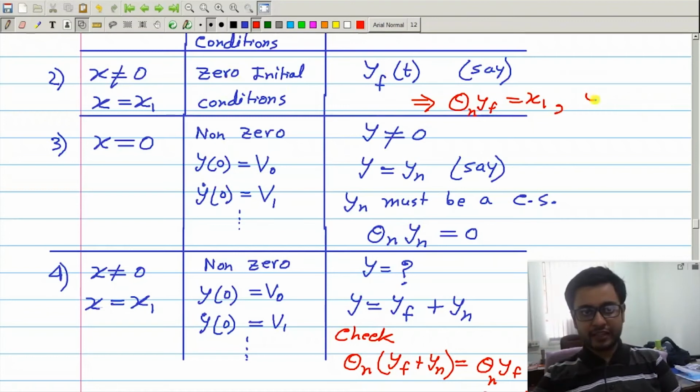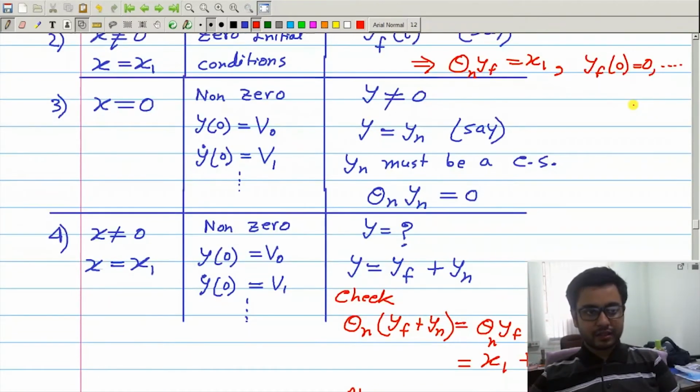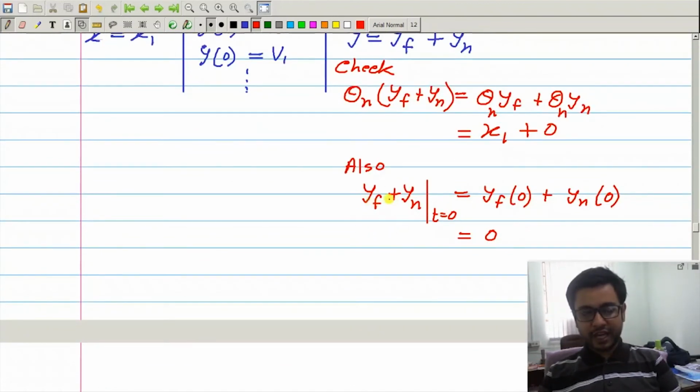So here we had y_f(0) equal to 0 and other derivatives also 0. But in situation 3, y_n(0) must be equal to v0 and y dot n(0) should be v1 and so on. So here when we have the sum, the first term becomes 0, second term is v0, so this also satisfies the given boundary condition.